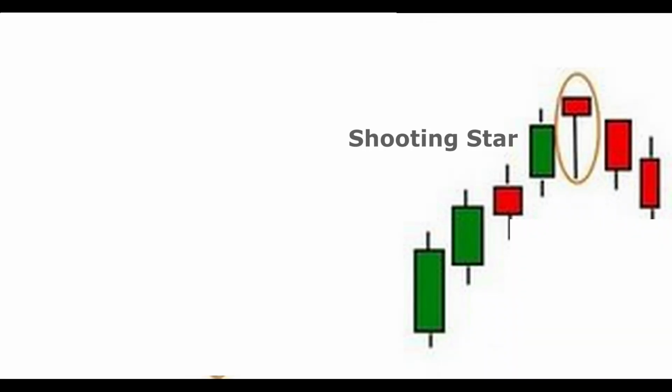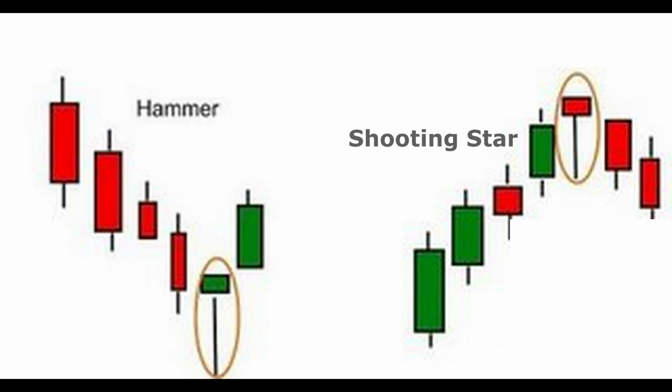Now, a shooting star is identical to a hammer, and the only difference is its location. Where a hammer is located at the bottom of a downtrend, a shooting star is located at the top of an uptrend. The shapes look the same, but their purposes are completely different.